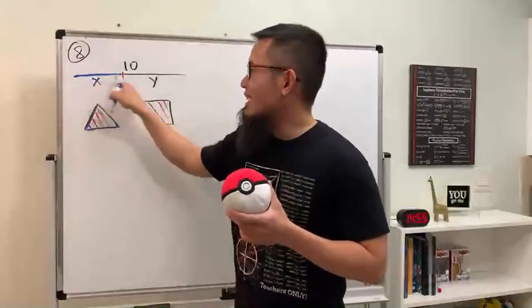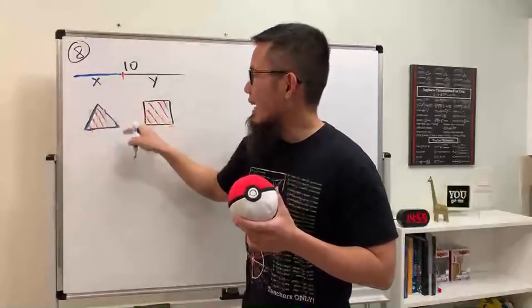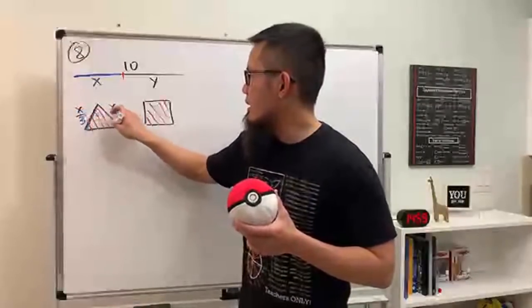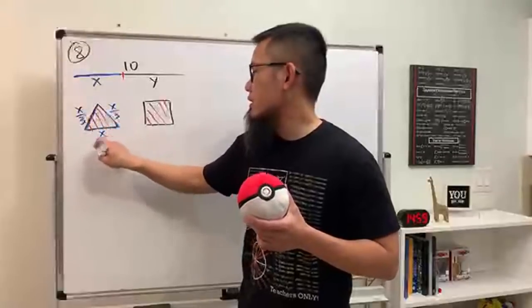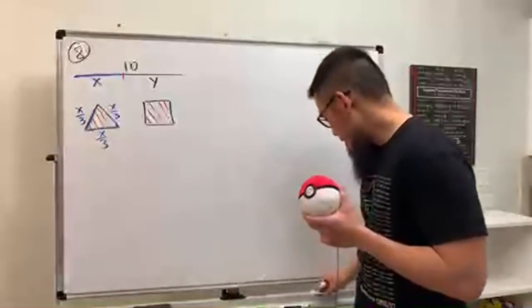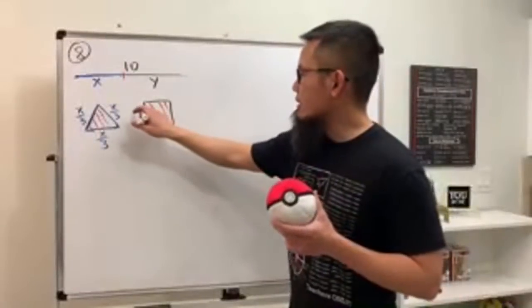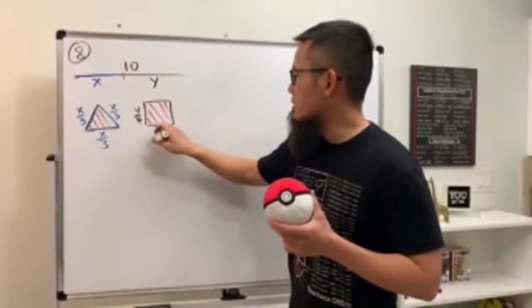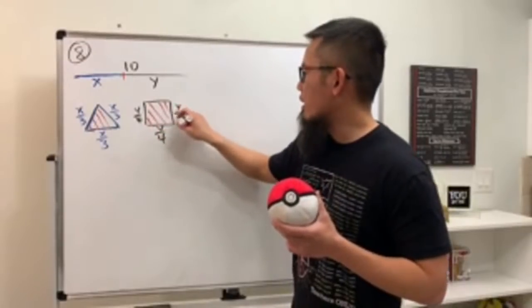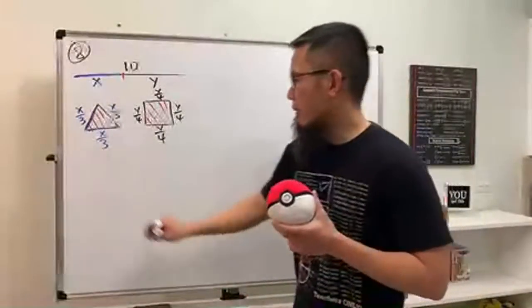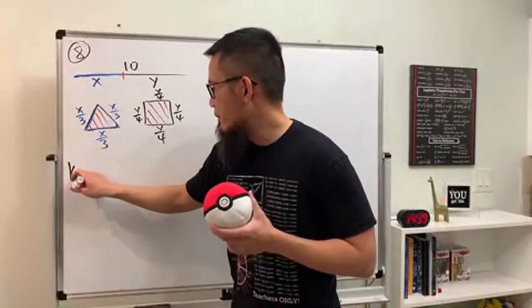This is x, and each side of the triangle is x over 3 because it's equilateral. Similarly, this right here is y, and of course each side will just be y divided by 4 because this is a square. Perfect. Now, this is what we know.